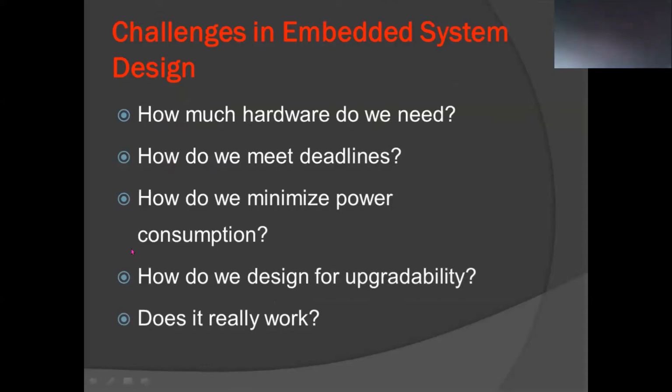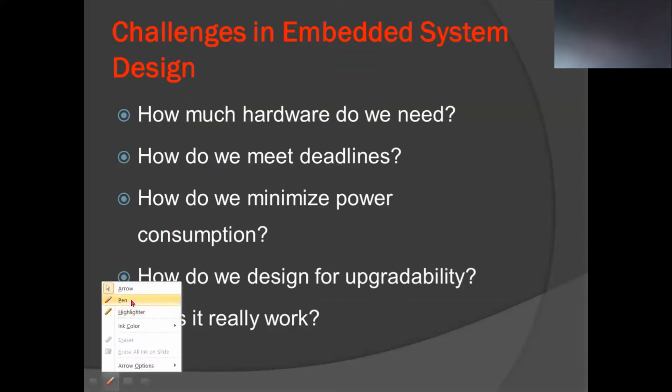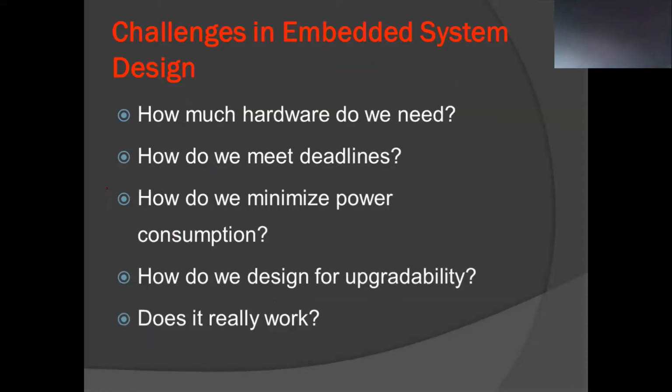If we use excessive hardware for the development, or unnecessarily high computing power which is not demanded by the requirement, it is definitely going to consume more power, and it's definitely going to increase the cost.